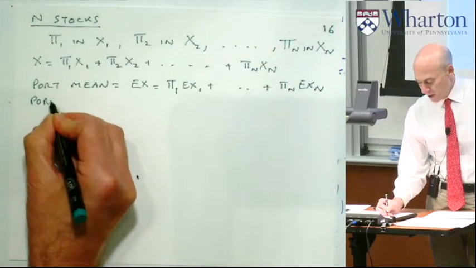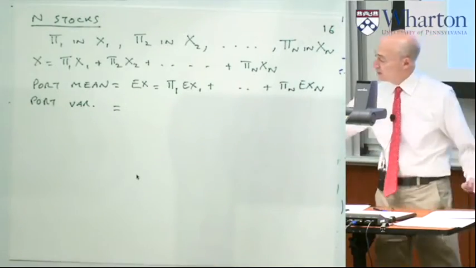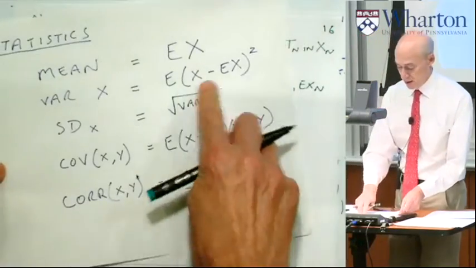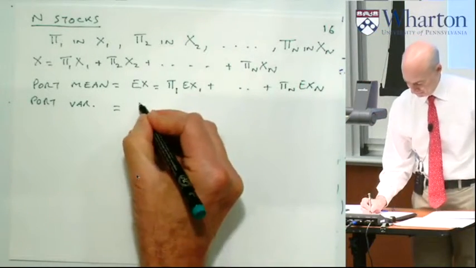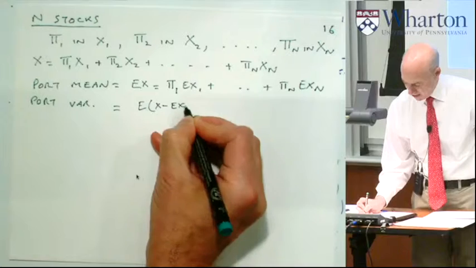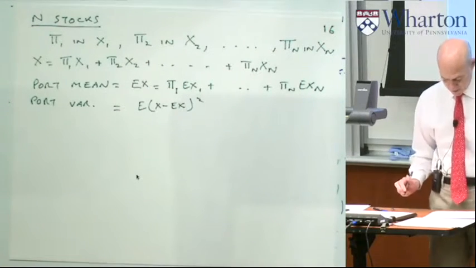For the portfolio variance, we've again got our formula from here, E[(X minus EX) squared]. And we can substitute using X and EX.